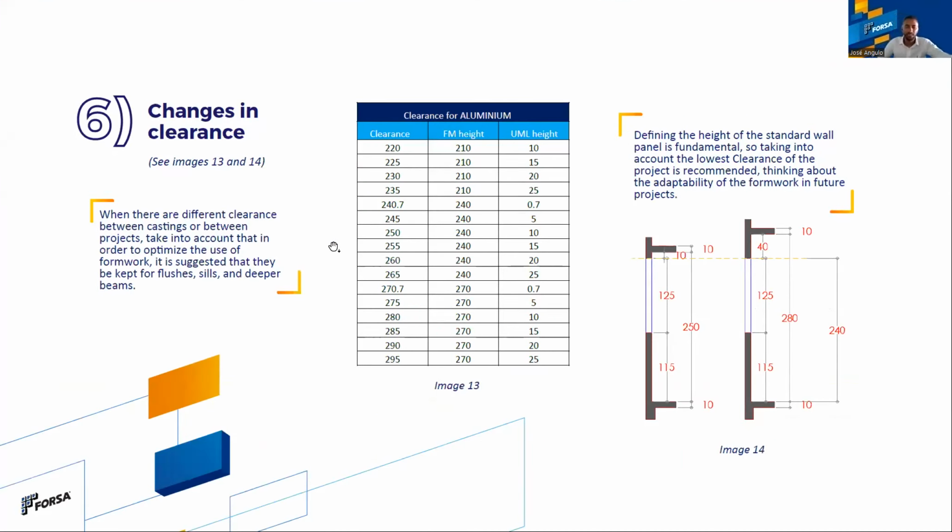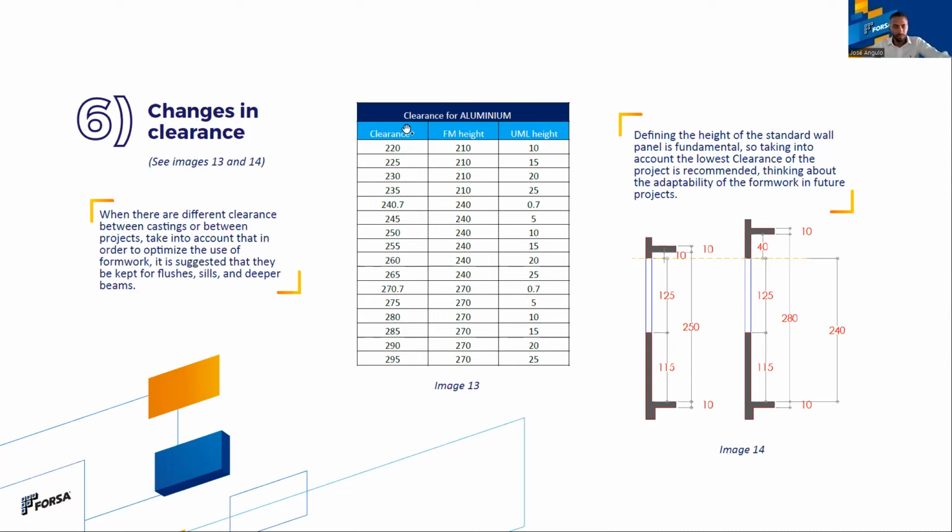Following are the changes in the clear height. Do you remember that I already talked about the clear height? These changes are going to be pretty useful if you keep them in certain parameters. For example, in the central chart there is a left column, a central column, and a right column.